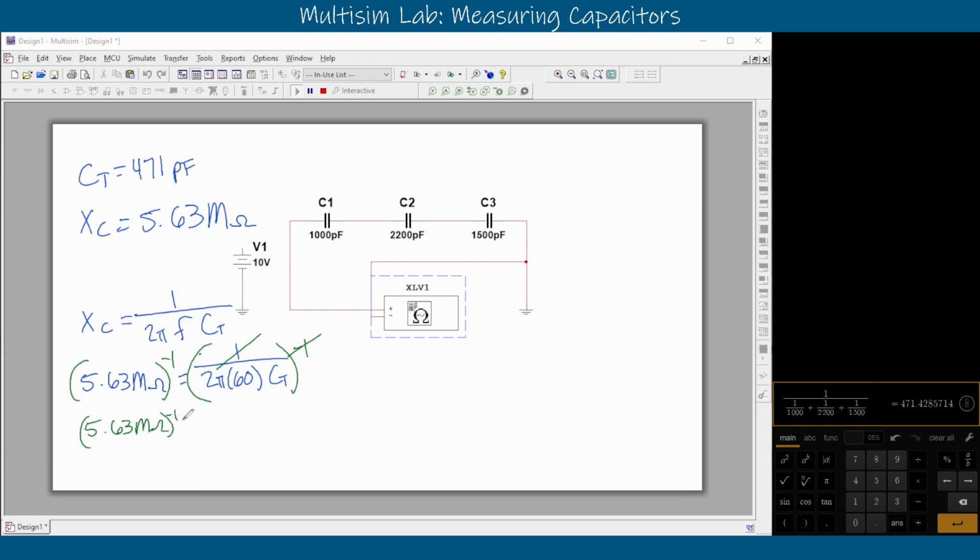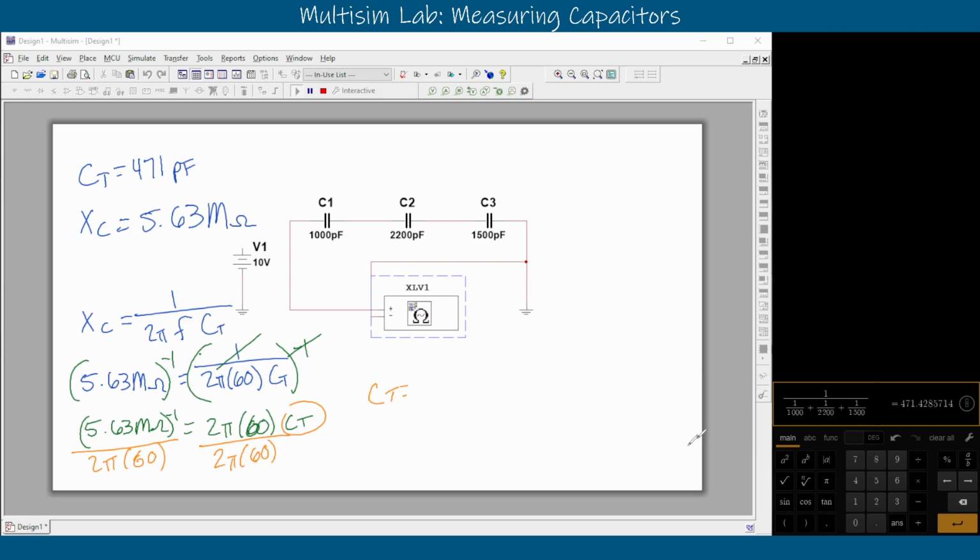That's the same thing as 1 over 5.63 mega ohms. And we'll set that equal to 2 pi times 60 times CT. And so all we have to do now is remove that 2 pi times 60 to the other side also. So divide by 2 pi times 60. And so we'll evaluate this side, and that'll be equal to our CT value.